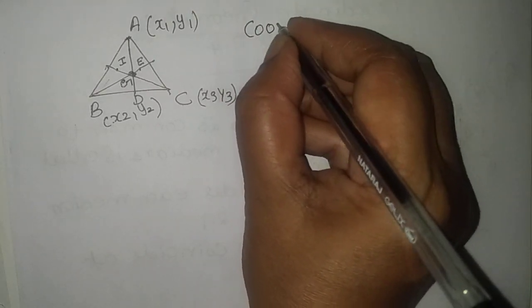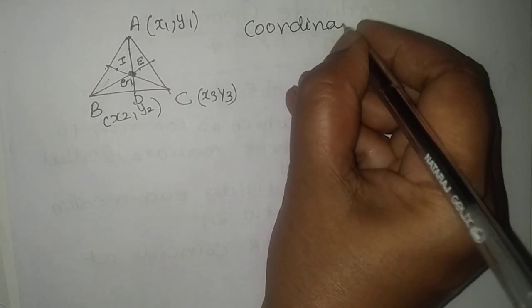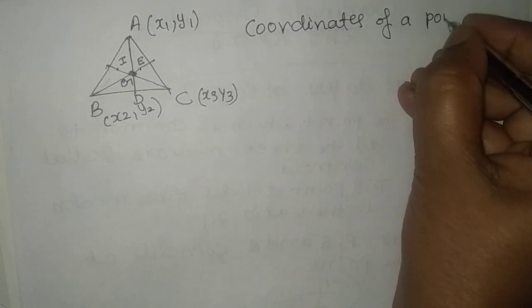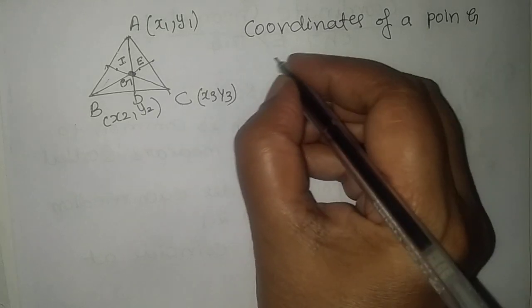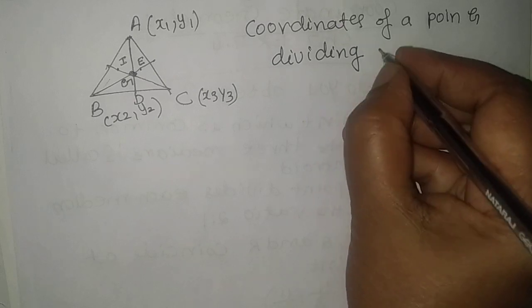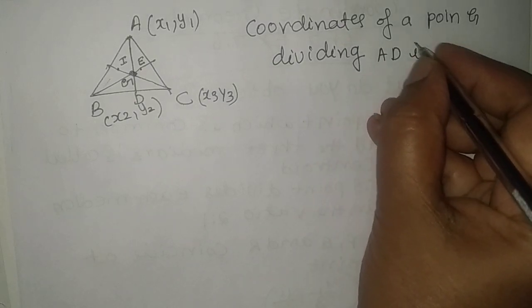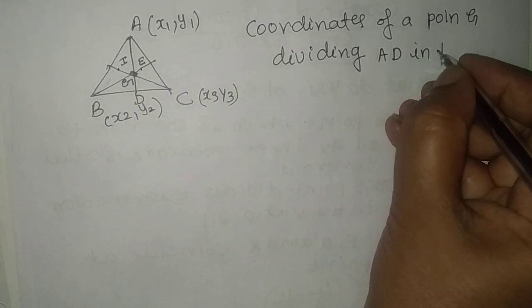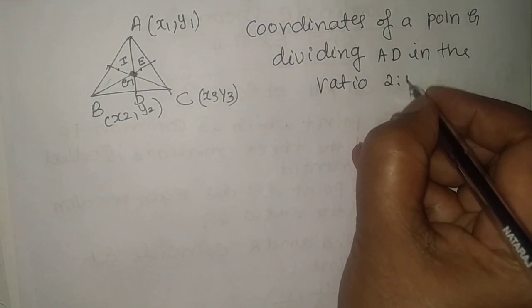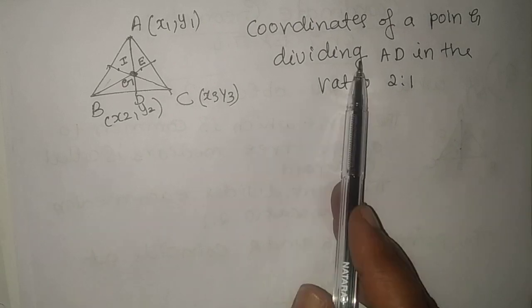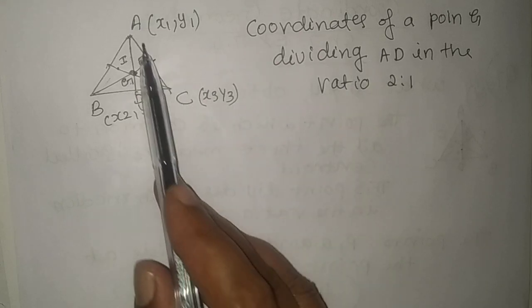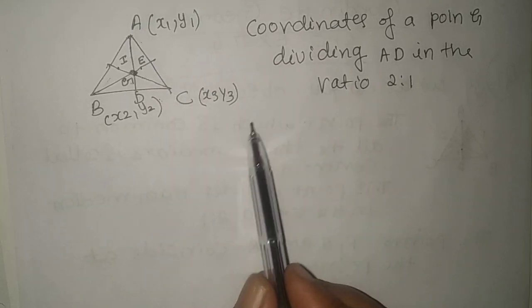So the coordinates of the point G dividing AD, a median, in the ratio 2:1. Point G divides this median AD in the ratio 2:1.